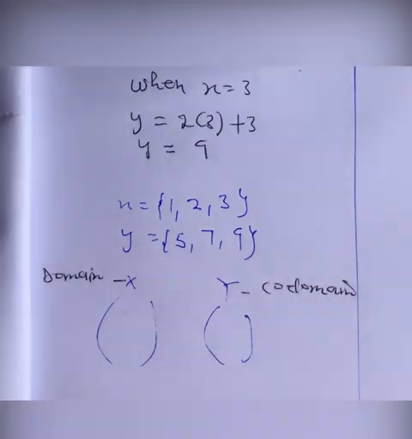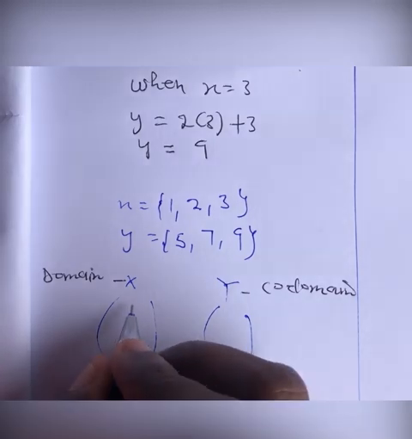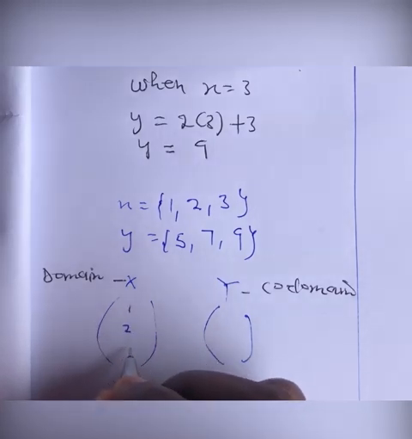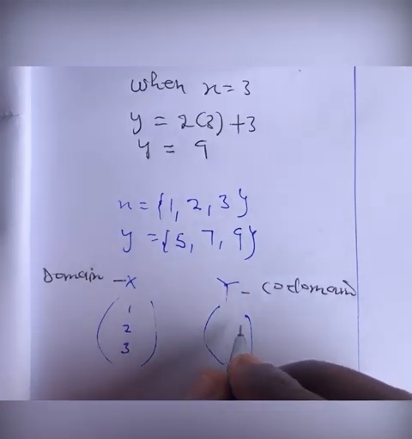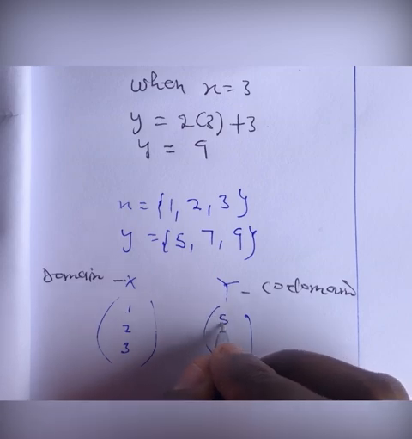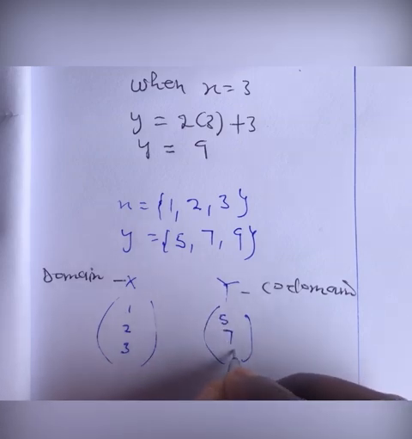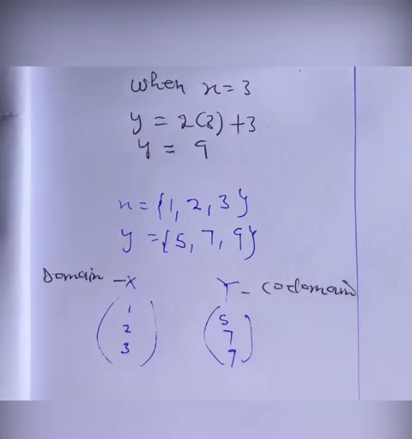So the x values have 1, 2, 3, and the y values, we have 5, 7, and 9.